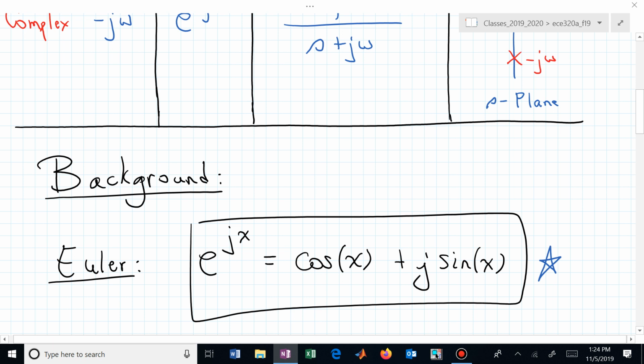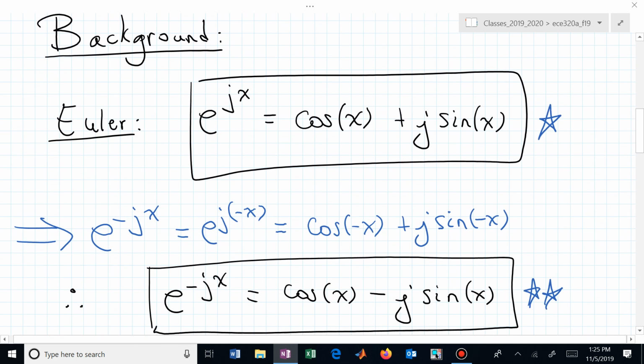This is one of those relationships you just have to feel good about. This is where the sines and the cosines come from, these complex exponentials. e to the jx is cosine x plus j sine x. I've put a star beside it because we want to keep track of it.